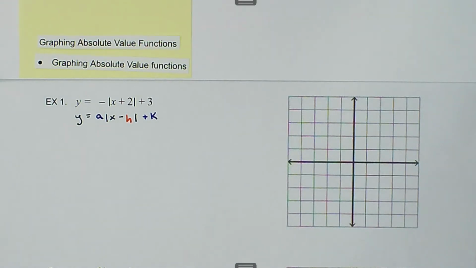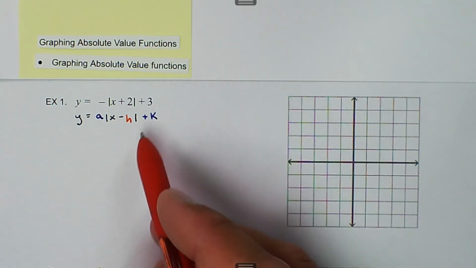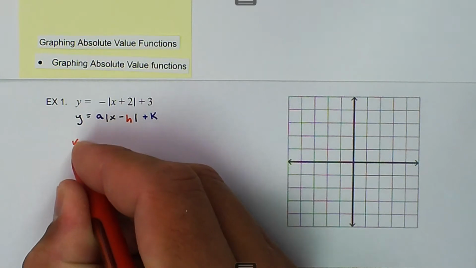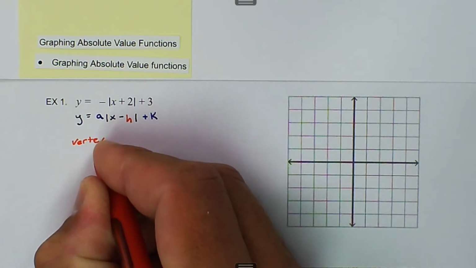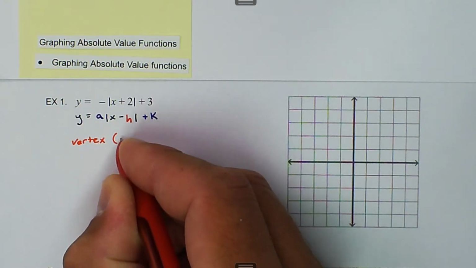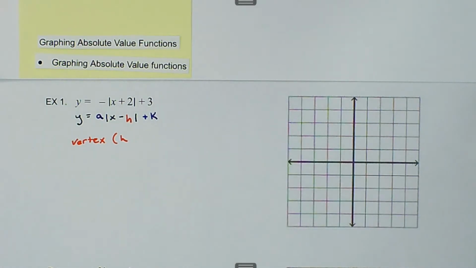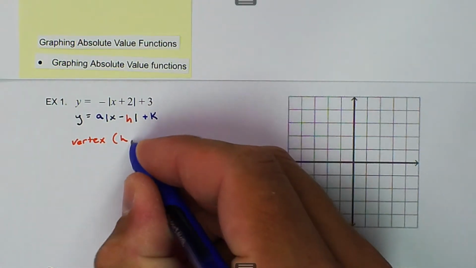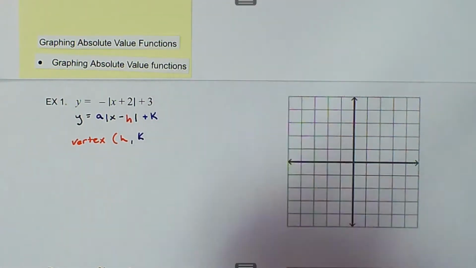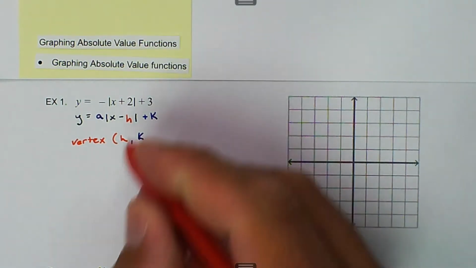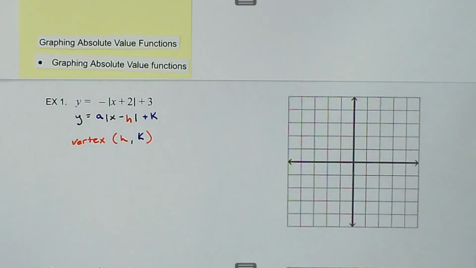So we have to figure out what h and k are, because that's going to be our vertex. Our vertex will be (h, k). And our a value is going to tell us our slope.